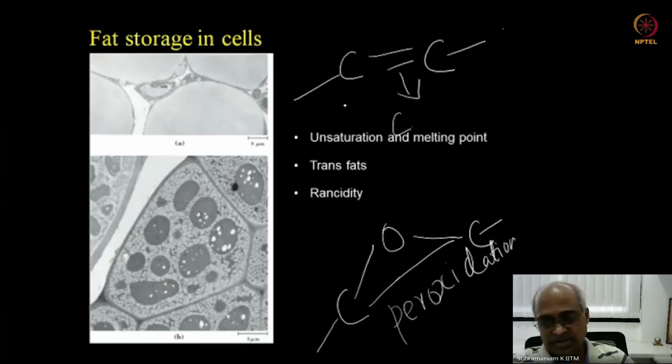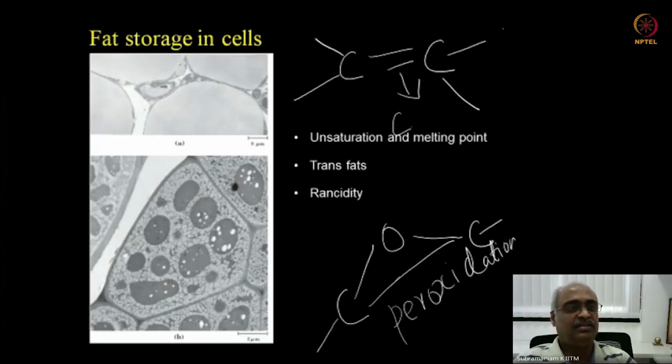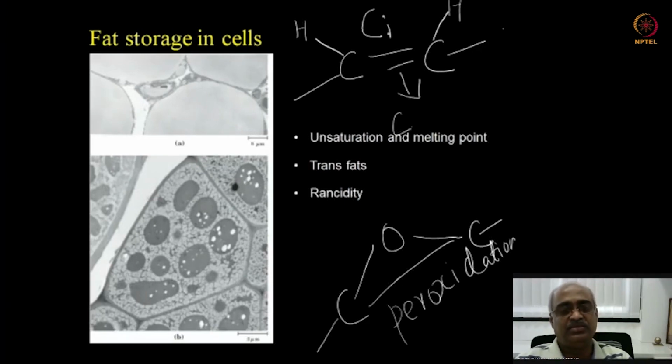So for example, the groups attached here, you could have that same group attached in trans orientation, or on the other hand, you could have both of them on the same orientation. Let us say two hydrogens attached, and they could be on the same side or on the other side. So this would be cis.